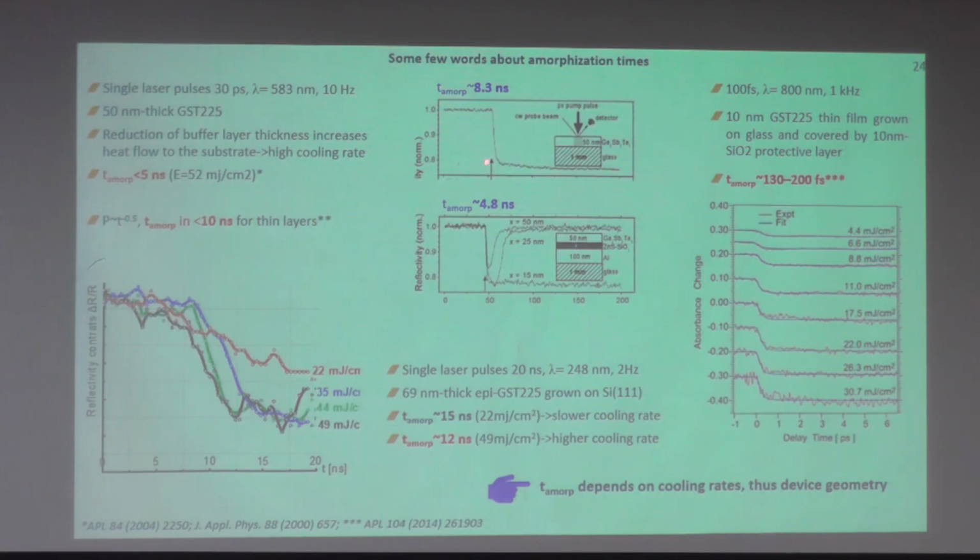And what we can see here is that the amorphization time doubles. So if we can adjust cooling rates, we can also adjust the amorphization time, so we can increase it. Also, this amorphization time value was not optimized. We did it on silicon, but it is in this range. So there is nice agreement between different experiments.